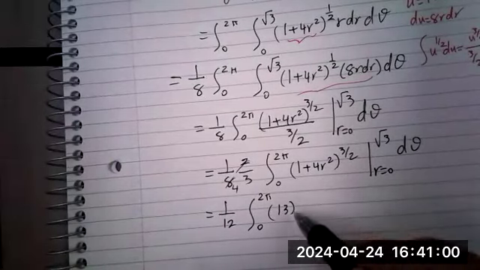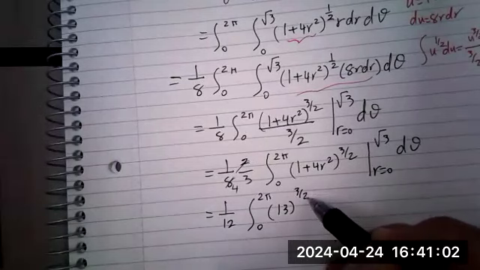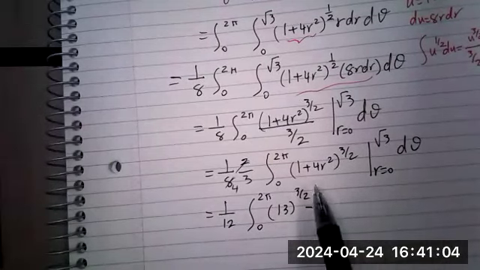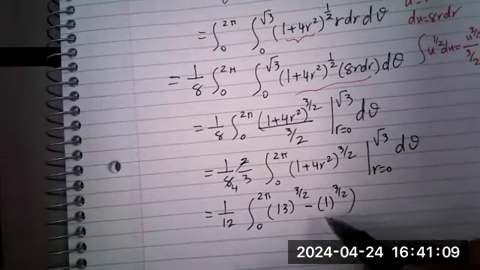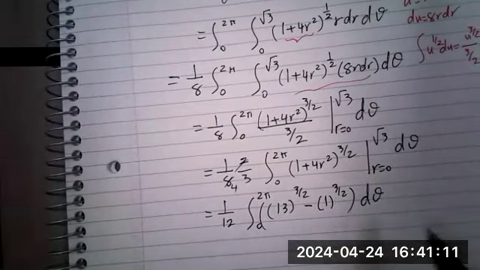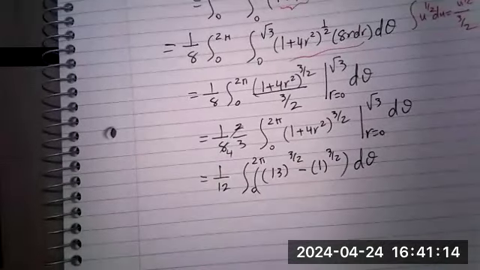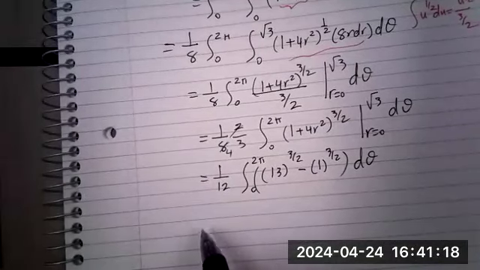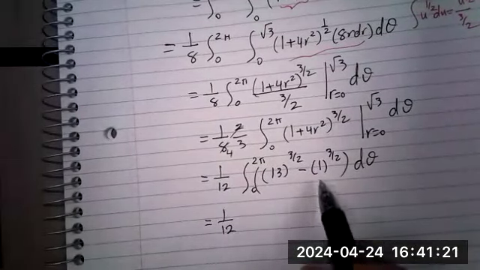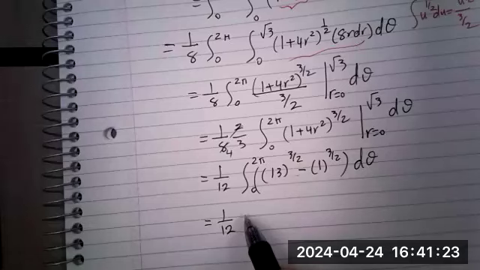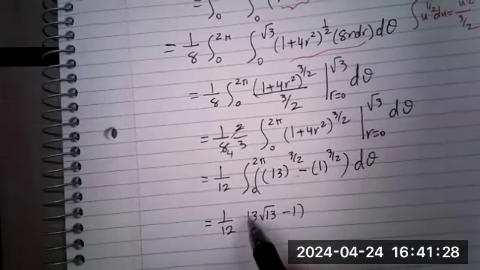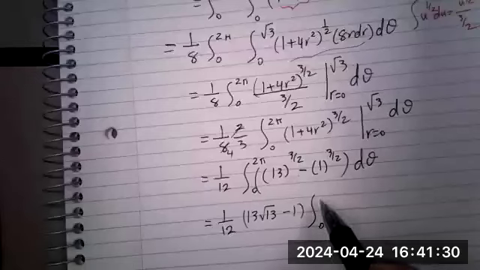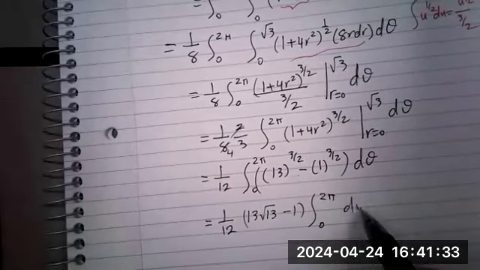So that gives you 13 to the 3 halves, minus, if you put the 0, that gives you just 1 to the 3 halves. d theta. Okay. These cannot be simplified. You can use your calculator if you like. Otherwise, this is the way you write it down, 1/12. You bring this out. If you don't want to use a calculator, this would be 13 square root of 13 minus 1. And the integral from 0 to 2 pi d theta.